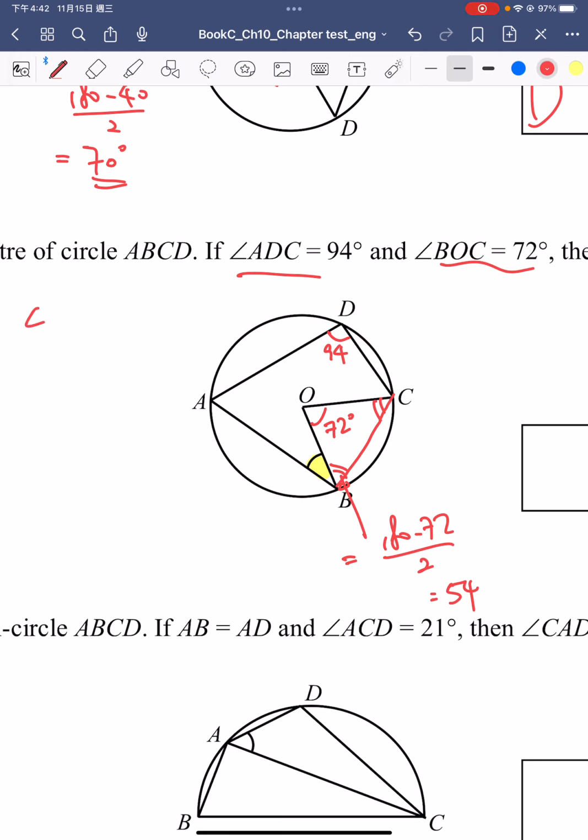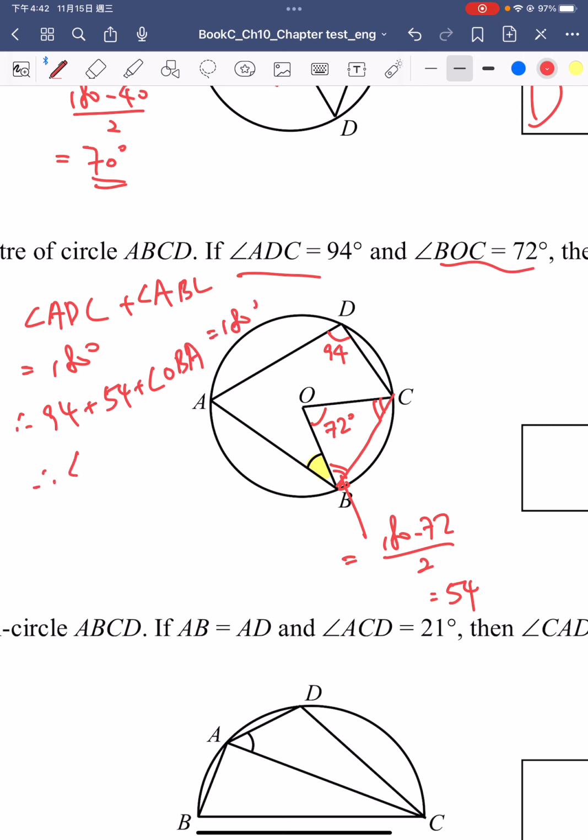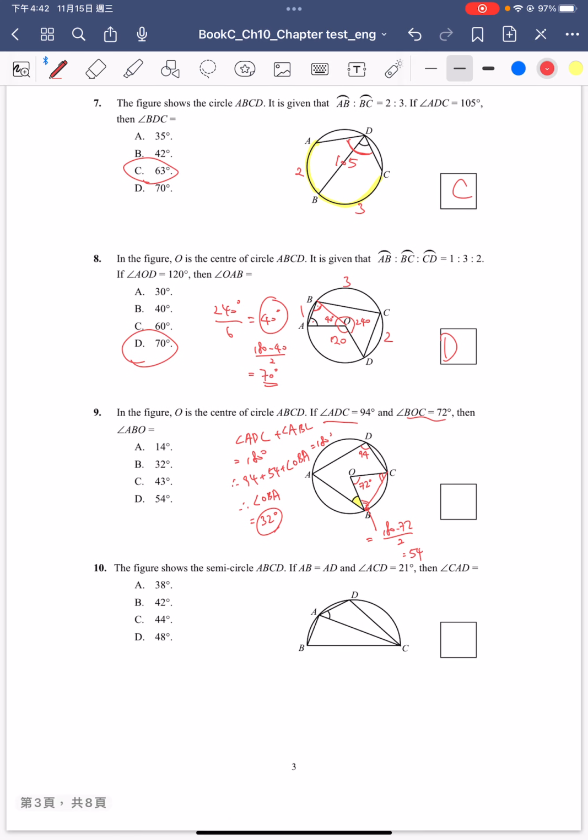So we can say that the angle of ADC is here, plus the angle of ABC is going to be equal to 180 degrees, so we have 94 plus 54, and then plus the required angle OBA is equal to 180 degrees. So the required angle OBA is going to be equal to 180 minus 54 minus 94, giving you the answer of 32 degrees. So the answer is B.